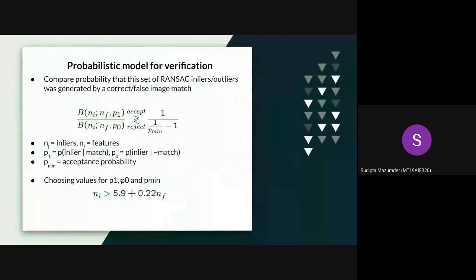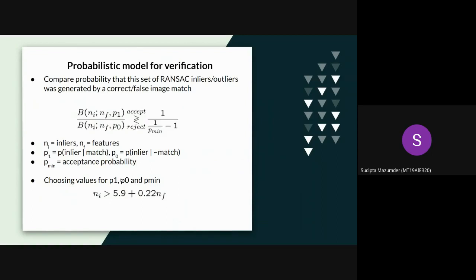Here we can see the actual mathematical formula that is used for this probabilistic model. From RANSAC, we have taken all the inliers and the outliers have been discarded. Inliers are the pairs of images that have been connected by some homography, while the outlier pairs are wrong in some different way.